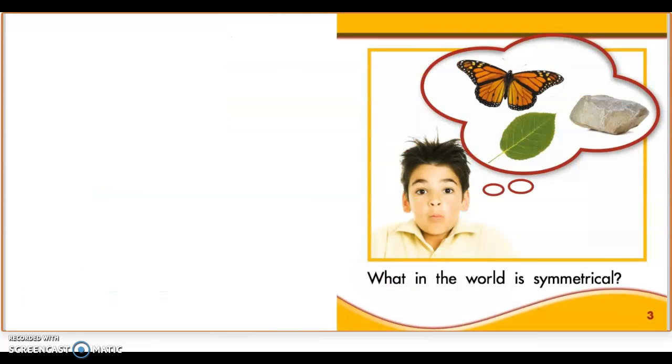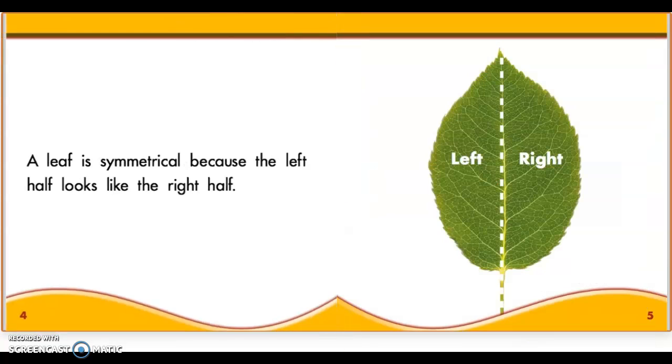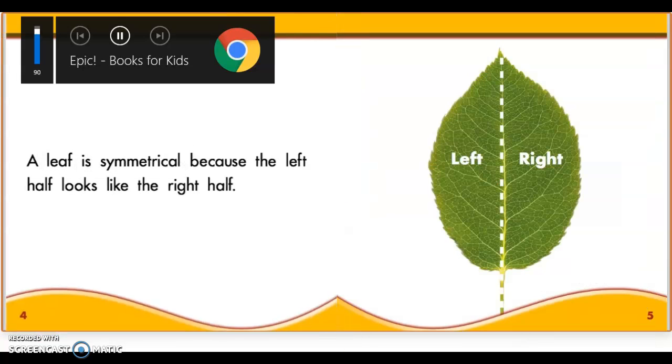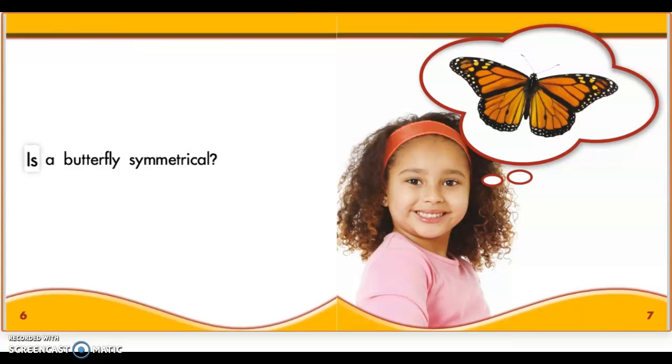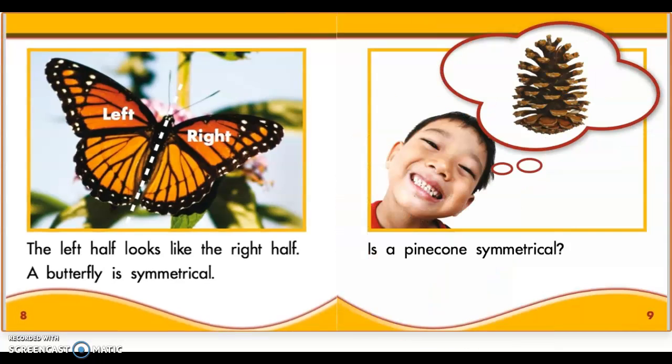What in the world is symmetrical? A leaf is symmetrical because the left half looks like the right half. Left, right. Is a butterfly symmetrical? Left, right. The left half looks like the right half. A butterfly is symmetrical.